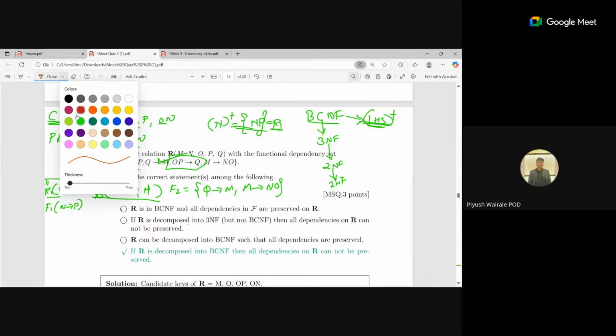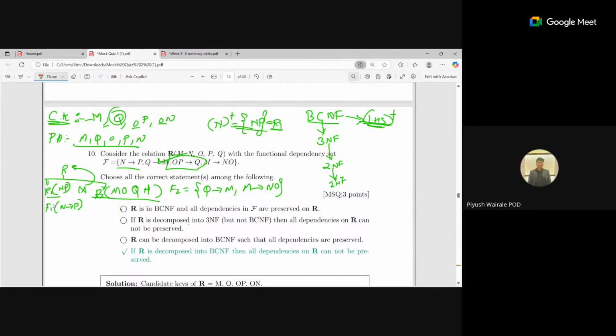So again go by that particular method. Find out F1 plus, F2 plus. Take F dash equals F1 union F2 plus here. So N determines P, P determines N, no. You can see Q determines M, M determines N, O. So I already know that Q is basically the key here, right? M is basically the key here.